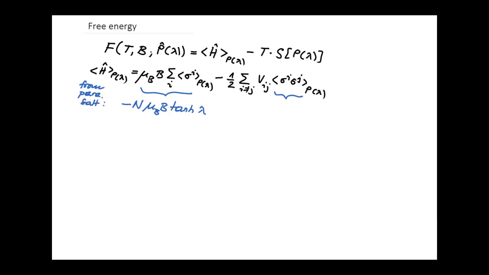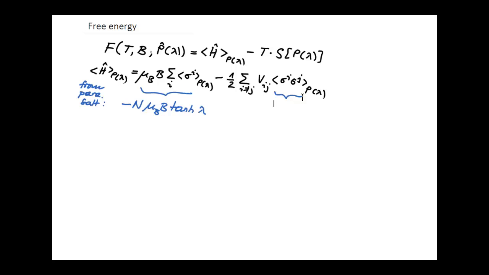Let's next consider the expectation value of this product, sigma i, sigma j, of spin operators. Now, the mean field statistical operator does not contain any correlations. It factorizes. It has, in the exponent, lambda times the sum over all i of sigma i. And so you can also write that as a tensor product over all i of e to the minus lambda sigma i.